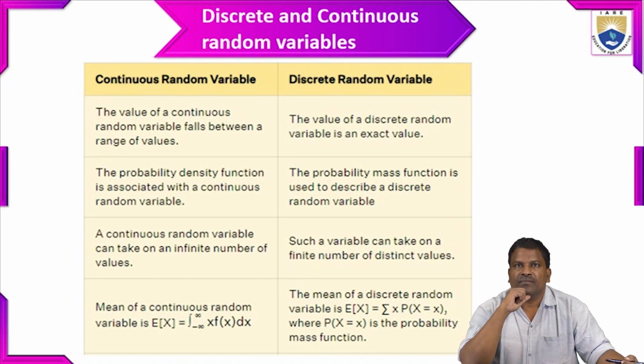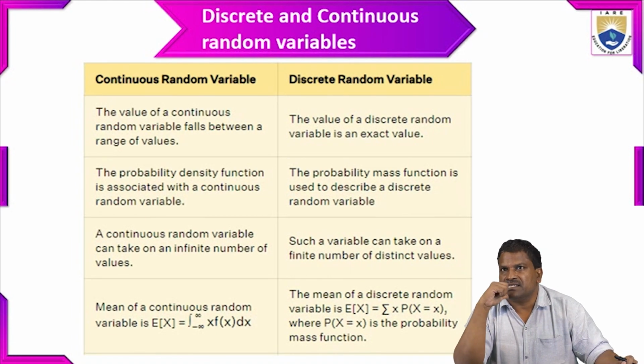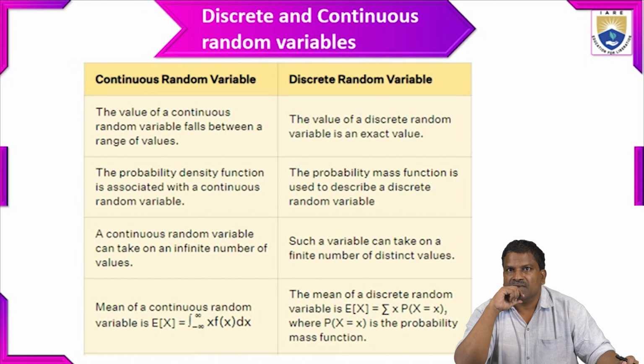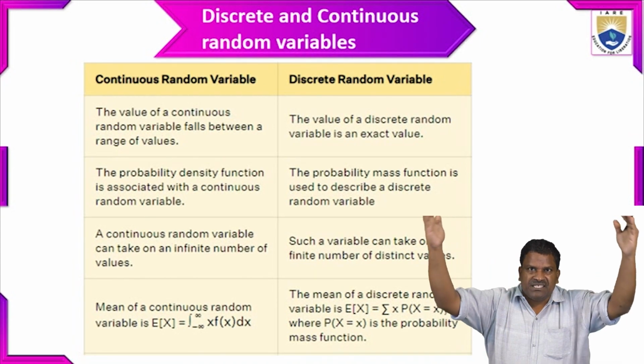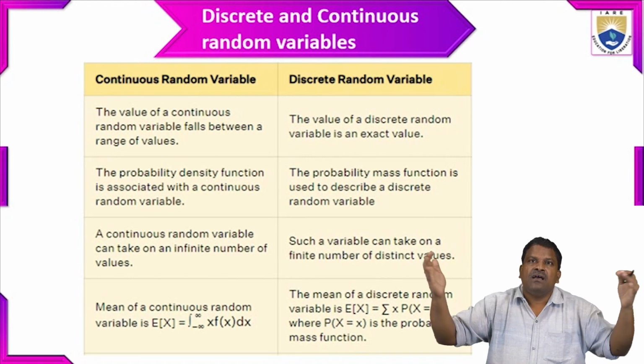Let us see a continuous random variable and discrete random variable. The main difference in these two is that the value of a continuous random variable falls between a range of values, in a range or an interval.